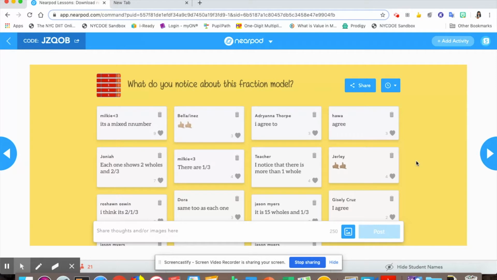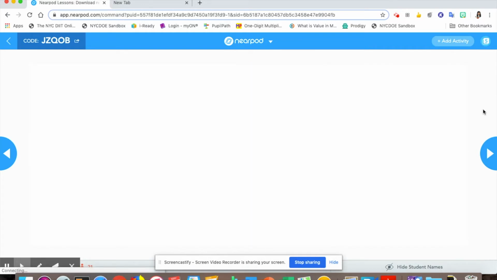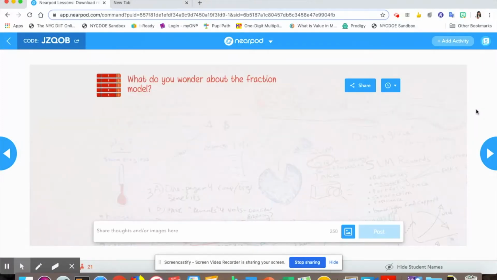So now that we're looking at this image probably caused us to have some questions. So now I want to know, what are you guys wondering about this fraction model? What questions do you have about the fraction model? It's the same image, but now I want to know, what are you guys wondering? So we did notice that it was a mixed number, and some of us were sharing amounts.